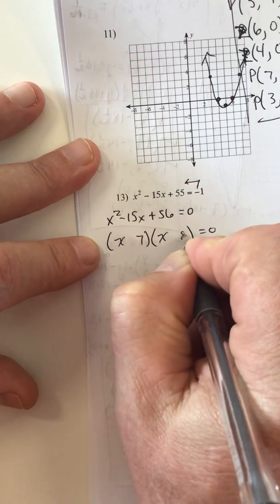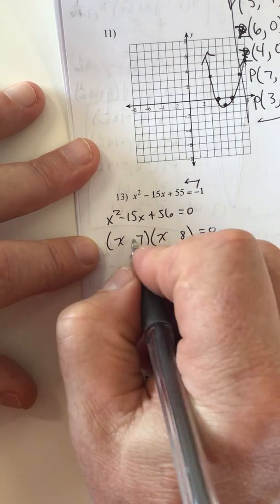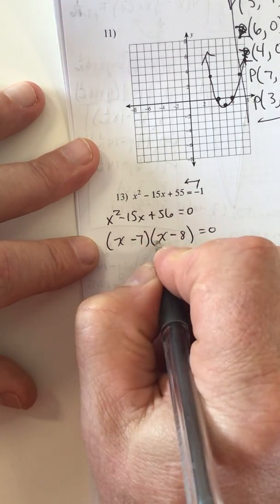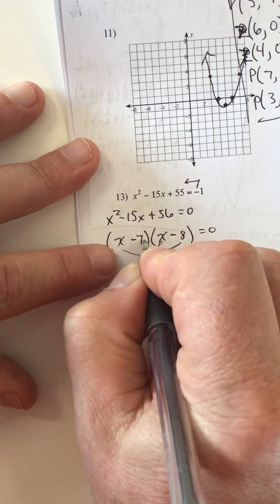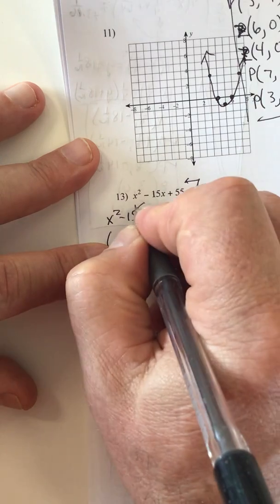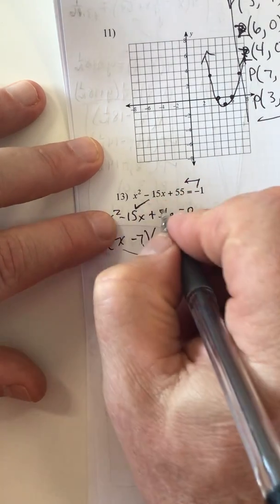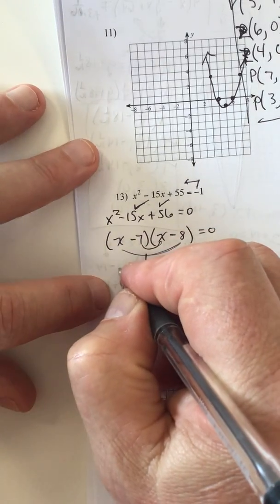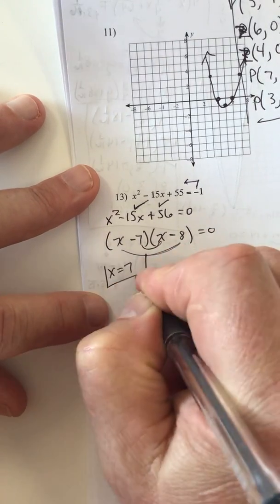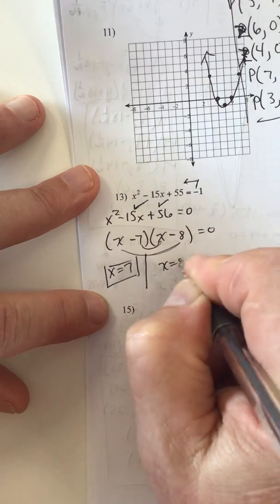So 7 times 8 is 56. If I make them both negative, -7 right here from the insides, and -8 from the outsides, -7 and -8 make -15. So I got the inner outers to add to -15, and they multiply to positive 56. So there's the zeros. So one of them is at 7, and the other one is at 8.